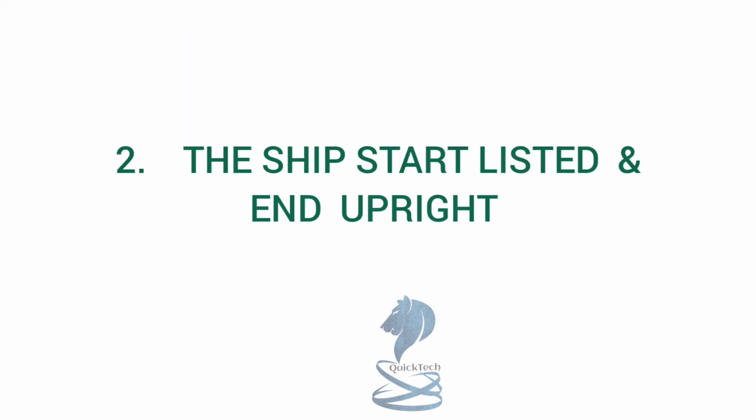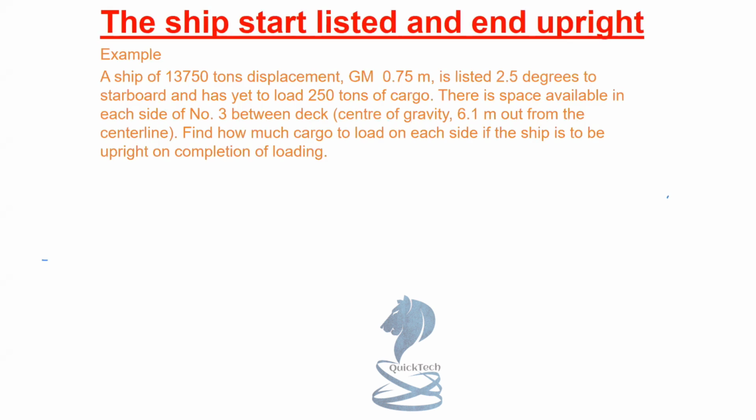So now case number 2, the ship starts listed and ends upright, that is, initially it is listed and then we have to make it upright. So the example: a ship of 13,750 tons displacement, GM 0.75 meters, is listed 2.5 degrees to starboard side and has yet to load 250 tons of cargo.